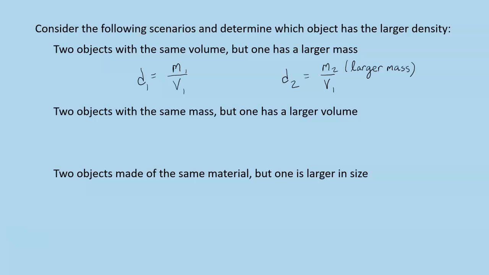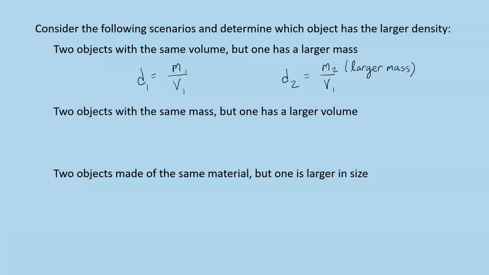So because mass is on the top of the fraction, if we increase the mass, we are going to increase the density as well if volume is held constant. Because volume is underneath the fraction, it's going to have an opposite effect. So mass is what we call directly related, and volume is inversely related.